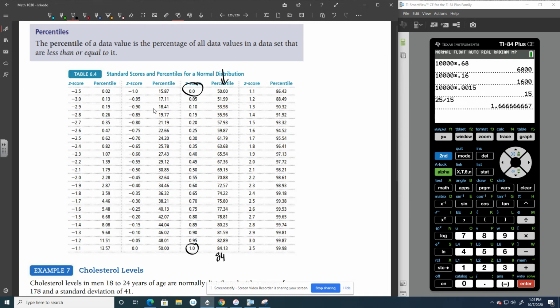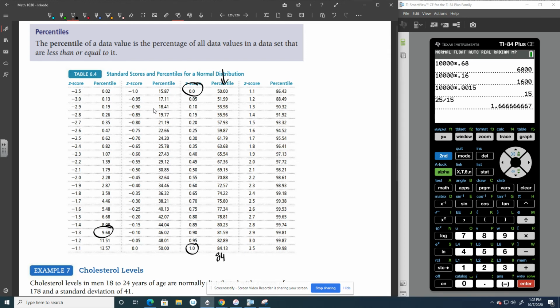So you are higher than 84% of everybody else. And that's what percentile means. So if I find out that, hey, I'm at -1.3, so I'm in the 9.68 percentile, that means about 9% of the people are below me, and 91% of the people are above my score.